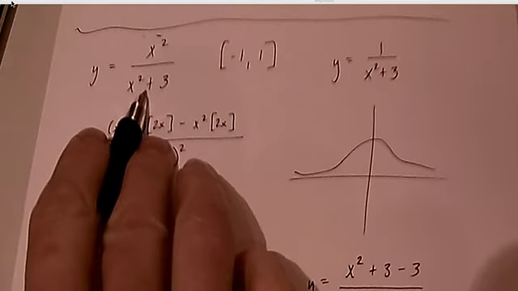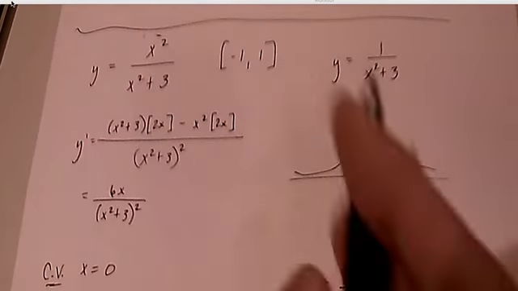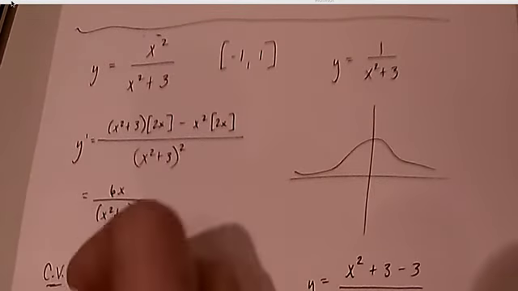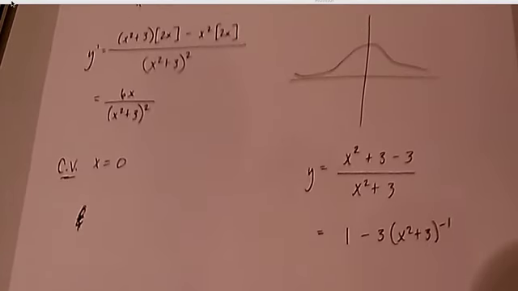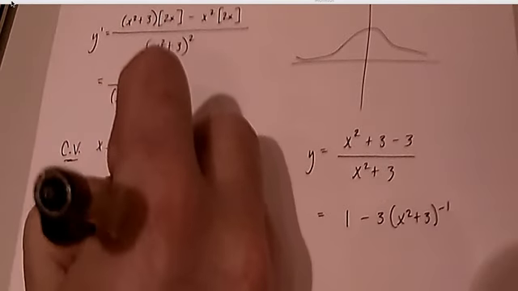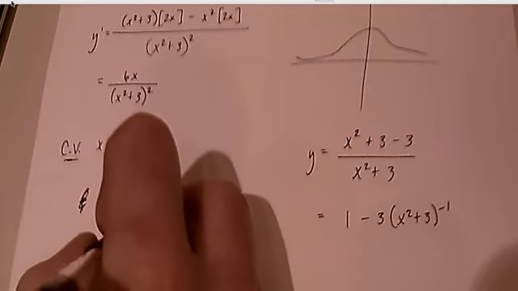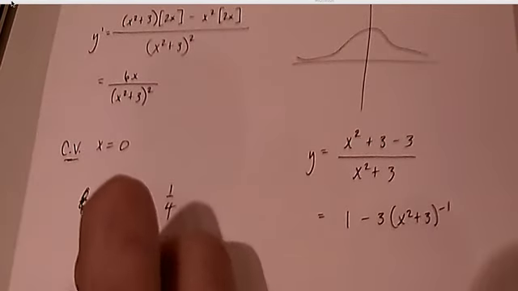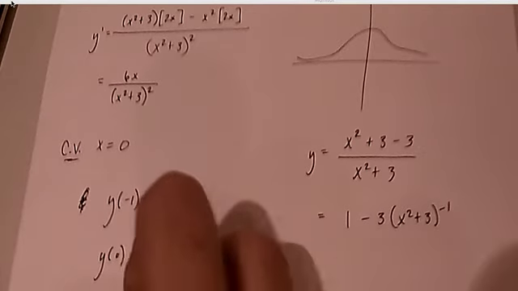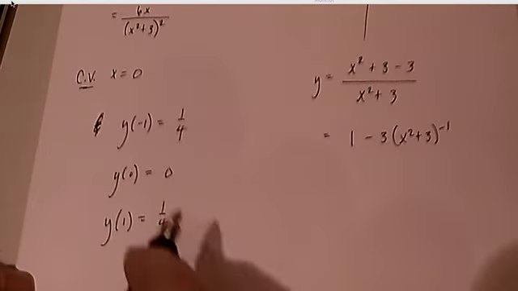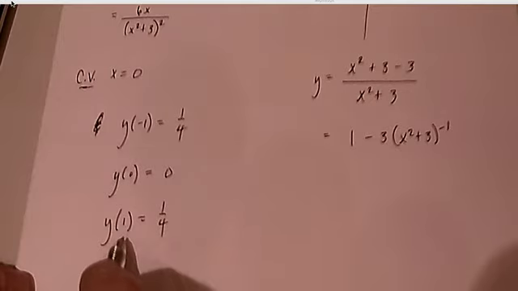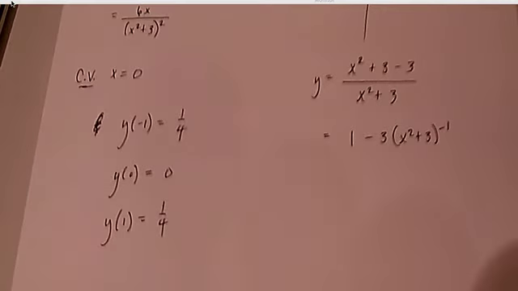When you plug it back in, you get 0. We didn't do it in terms of f, we did it in terms of y. y of -1 is 1/4, y of 0 is 0, and y of 1 is 1/4. So your maximum is actually shared by the endpoints, and your minimum is that one right there.